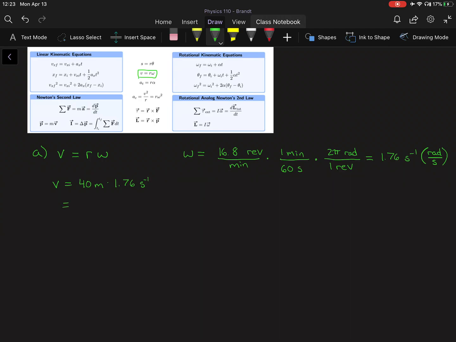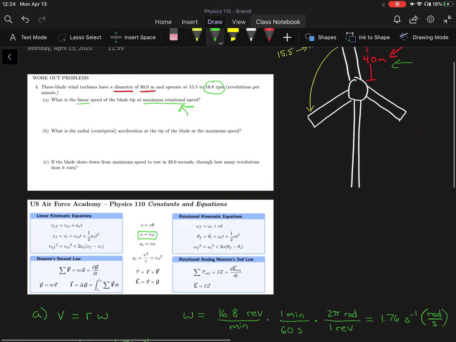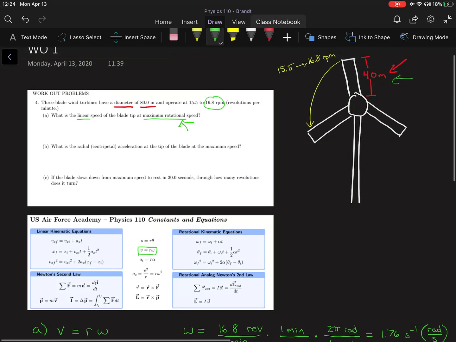And so our velocity is going to be 70.37 meters per second for part A. So that is the linear speed of the blade tip at the max rotational speed. So that's basically how fast is it going in that direction.